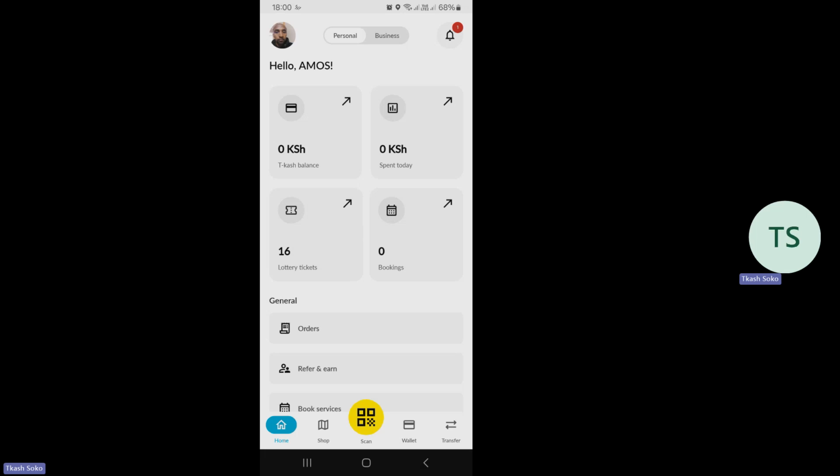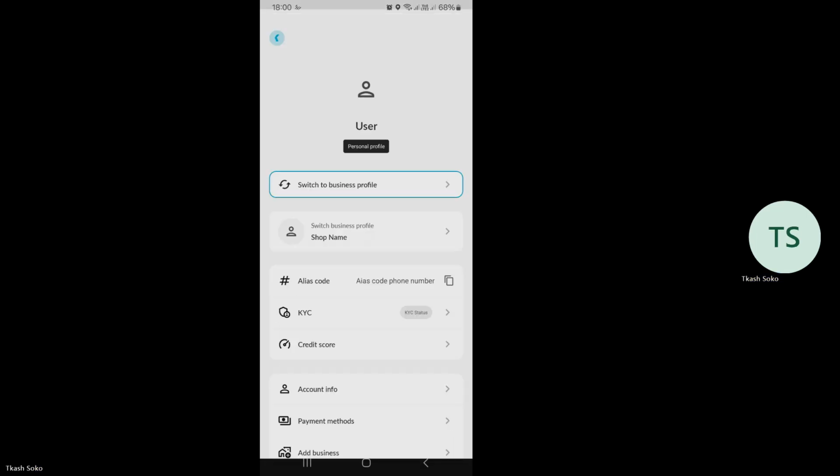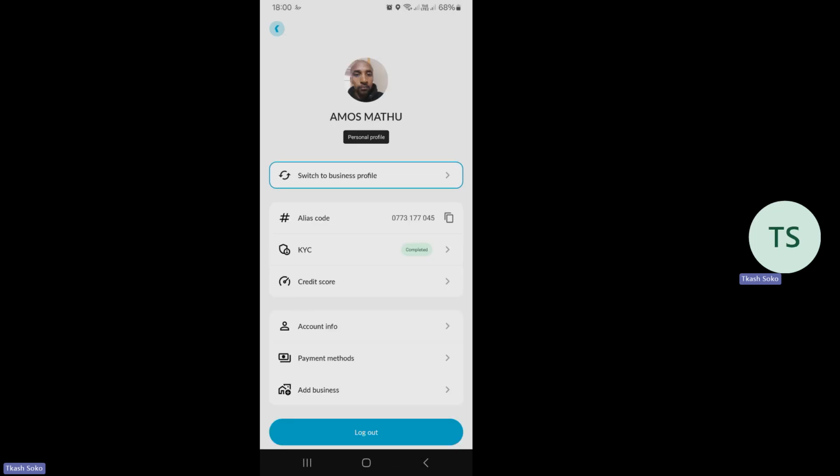So once you touch that icon, it brings the profile picture, my name, the option of switching to business profile, the code. Hii code tulisema ndio kama bank account yako ya Tcash, ni kama the wallet. It's the wallet actually that is holding your money. Then there is the KYC, which we can see is complete.